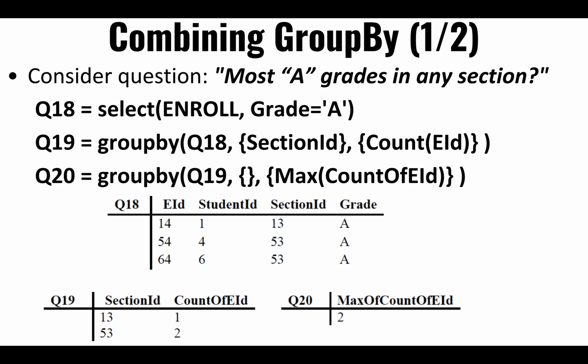We don't want to group any particular field, so consider the entire table, go across all the values in all the records, and find which one is the maximum. In this case, it's number 2. So two group bys to be able to find out which one is the maximum across all the sections. Make sense?